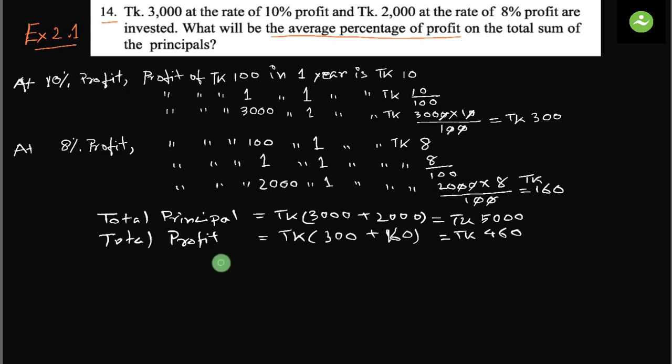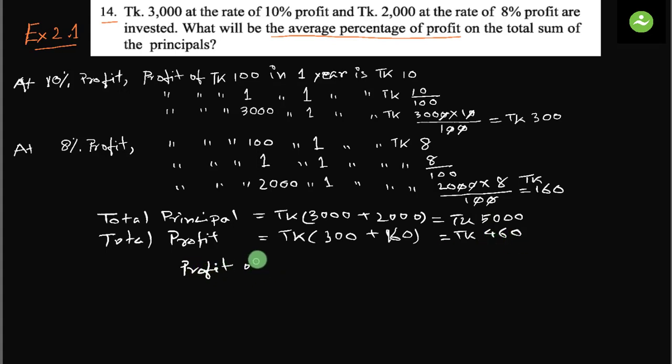So it's easy to get the rate of profit. So principal, the profit of, we can write profit of taka 5000 is 460. Of course, in 1 year.